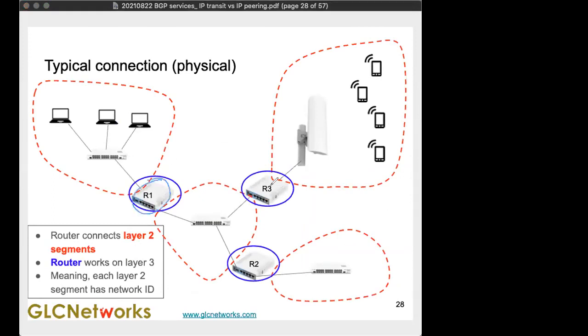So for example, this is a router. Okay, let me take another color. Yeah, so we have a router here, another router here, and then they're physically connected through a switch using this cable, this cable, this cable, and then connect to, for example, an access point here.